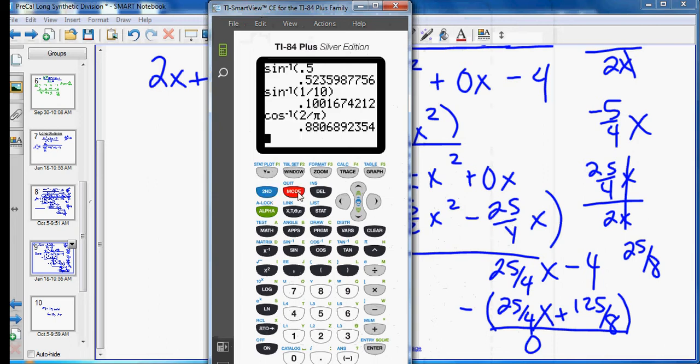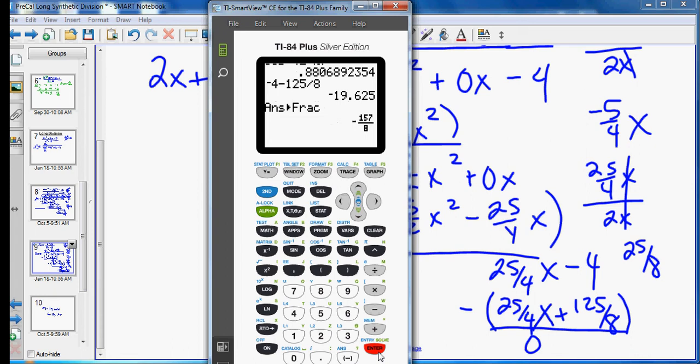So negative 19.625, or I'll just stick with the fractions, it'll give it to me, negative 157 over 8. So that is our remainder, negative 157 over 8. So that will go up here and be placed on top of our original denominator, which is 2x plus 5.